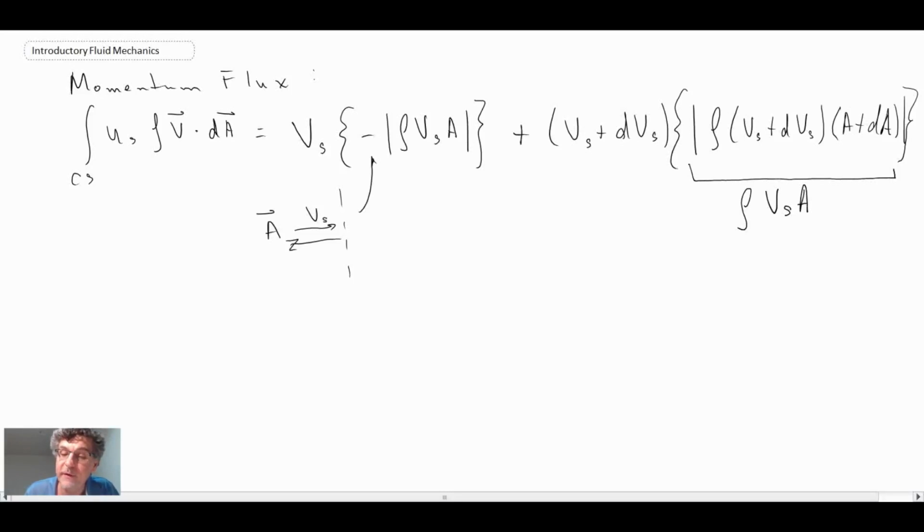If you go through and do the expansion, so multiply d plus vs by that term, you'll notice the first term is going to cancel out.